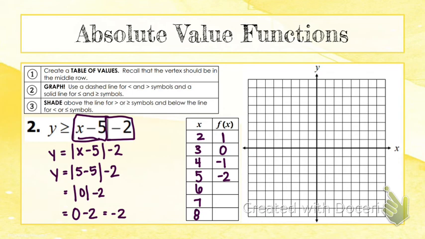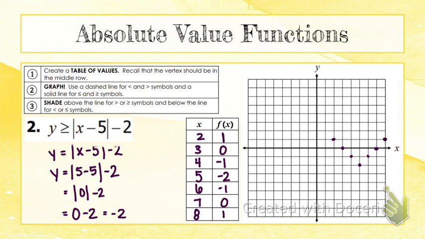All right, and we've talked about how our points should mirror each other around the vertex. So we can just fill these in from knowing the first 3. And then we're going to put those on a graph. So 2, 1; 3, 0; 4, negative 1; 5, negative 2; 6, negative 1; 7, 0; and 8, 1.